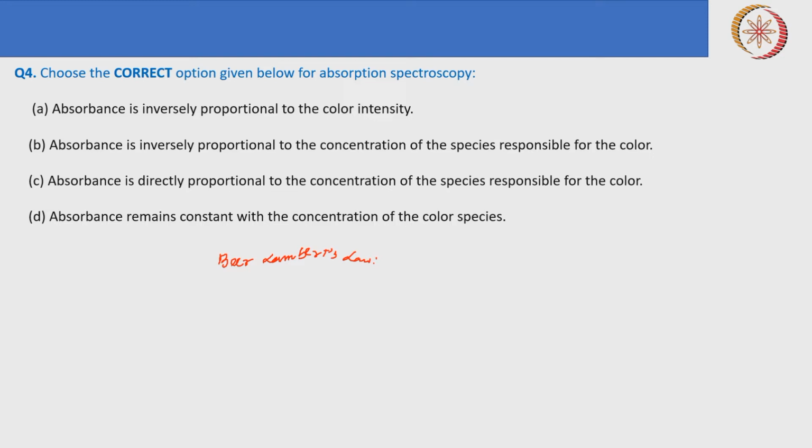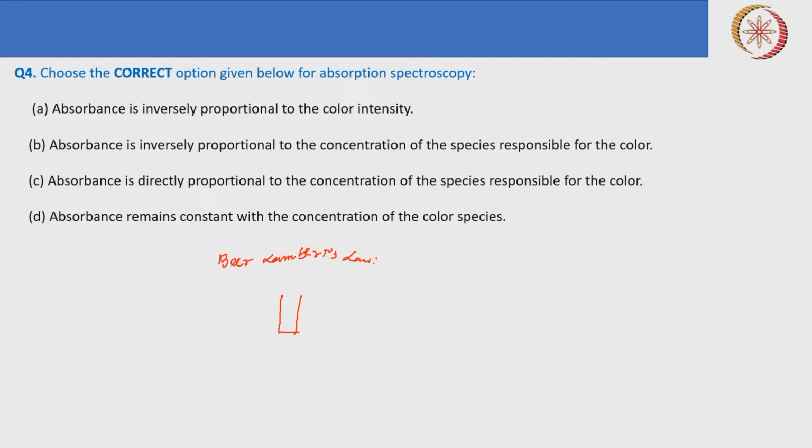This is absorption spectroscopy, and UV visible spectroscopy is also absorption spectroscopy.